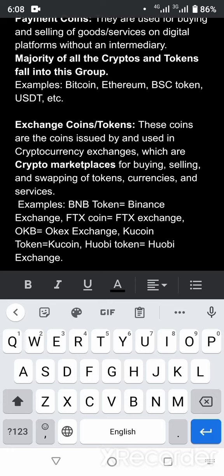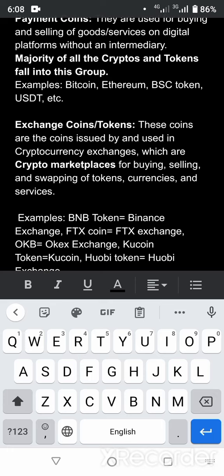Now, I will state it here, let me just make it in italics.